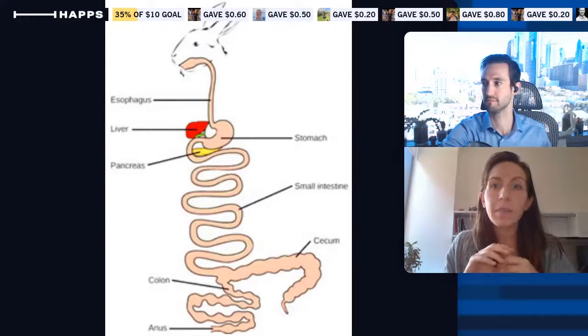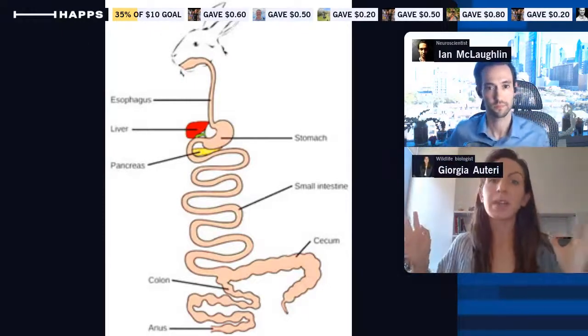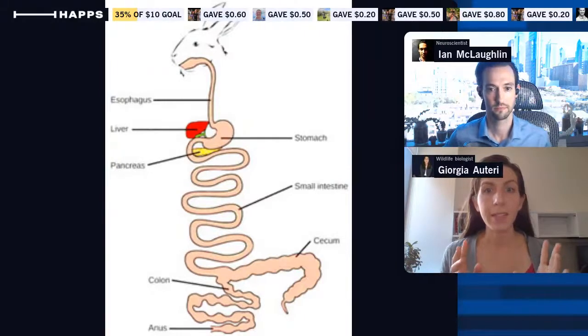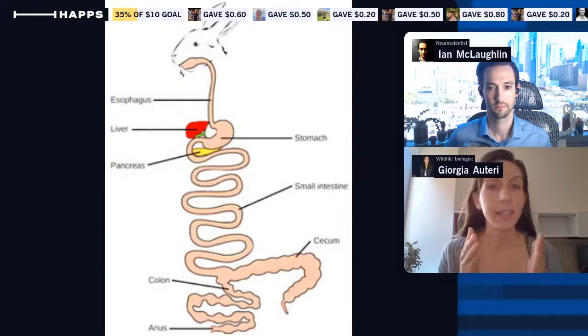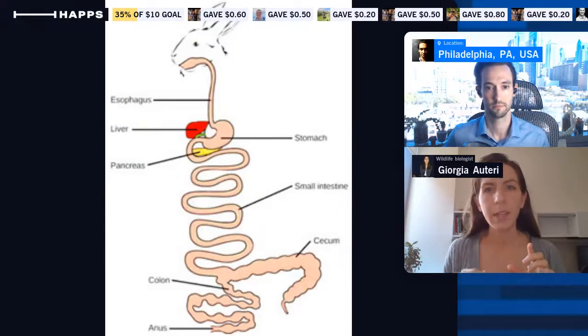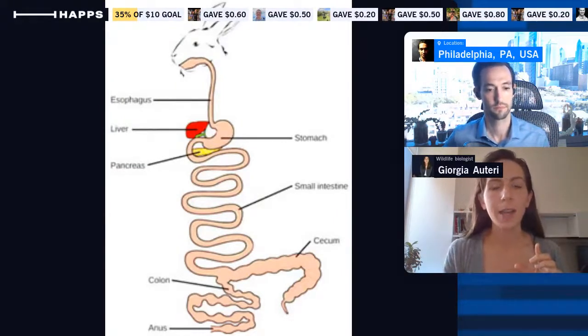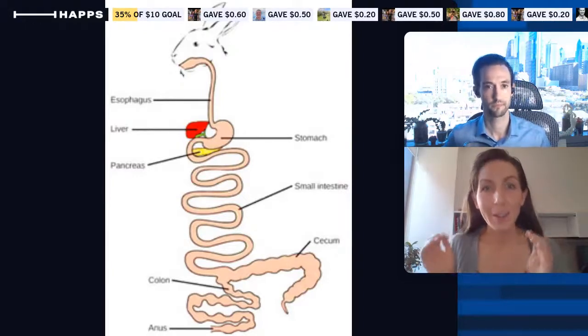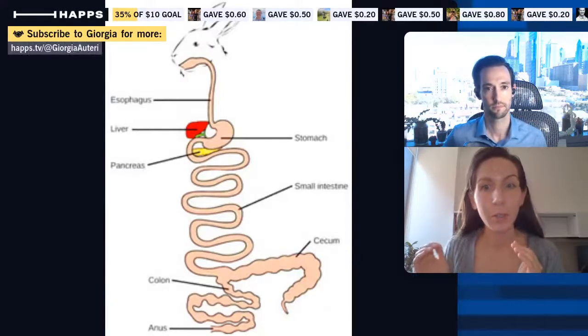The appendix is much bigger in some other animals, but in animals like rabbits, we certainly know that it functions exactly like Ian is saying. This is an important spot along the digestive tract. It's almost like a little terrarium or vivarium, where the rabbit houses all of these special microbes.